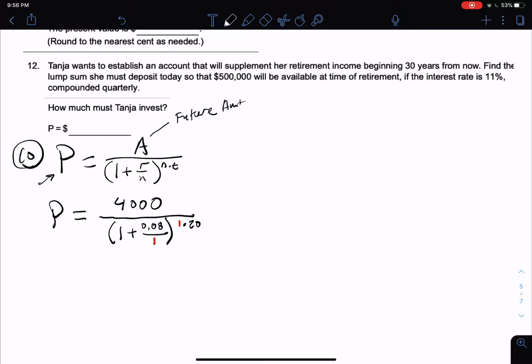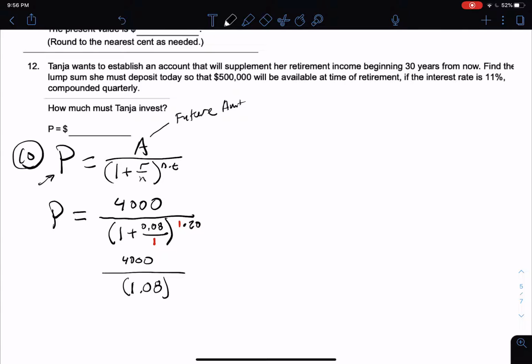So 20 years. Anyhow, here we are at 4,000. We're trying to get to 4,000. What's the present value? Let's simplify this. This is going to be 4,000, and down below we're going to have 1.08 raised to the 20th power.